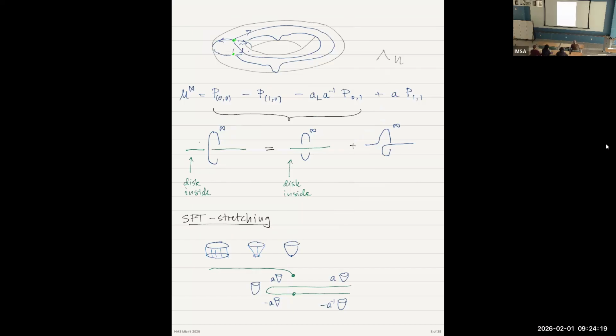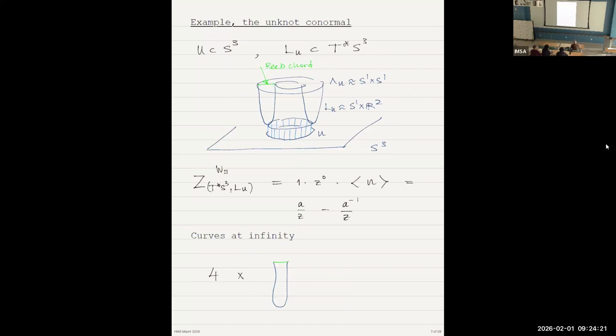Well, maybe I should stay on this picture. Up there is a green line, something I draw as a Reeb chord. If we look at this Lagrangian, it is a solid torus, but at infinity it's a torus times R. Out there at infinity, we can look at curves, which you see down here. There are 4 such curves, actually.